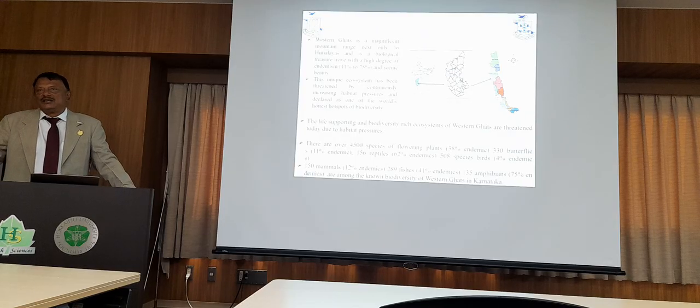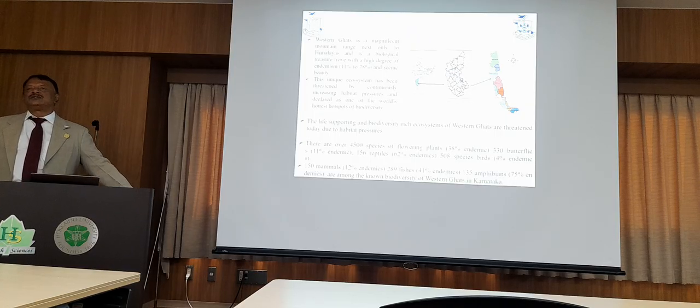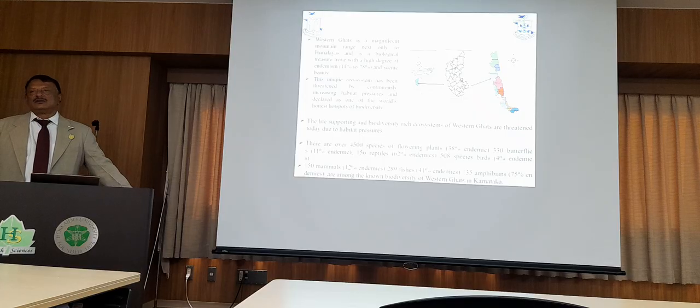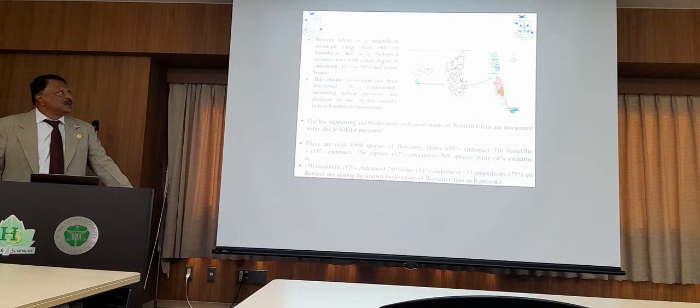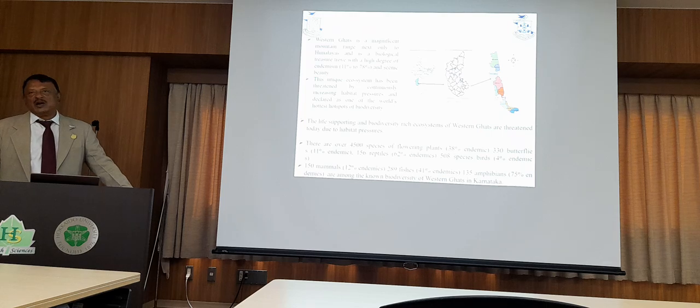We study this to understand how climatic conditions vary from decade to decade, and also to identify the species. Western Ghats is a magnificent mountain range, next only to the Himalayas in India, and is a biological treasure. A lot of endemic species are there.